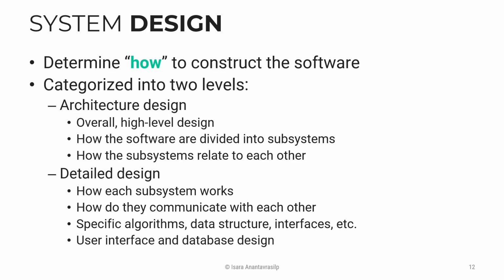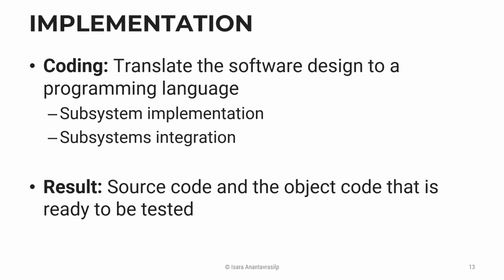For example, the output should be string, the input should be integer, the input should be an array, and it outputs some true or false answer, something like this. You also talk about the algorithms. What kind of algorithm should I use? Do I need to derive one? Data structure, database schema, user interfaces, system interfaces, and so on.